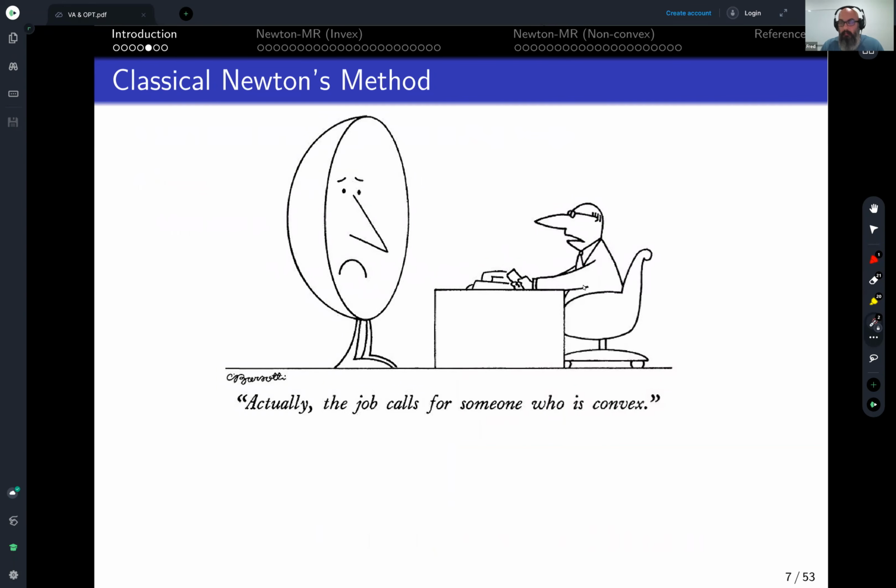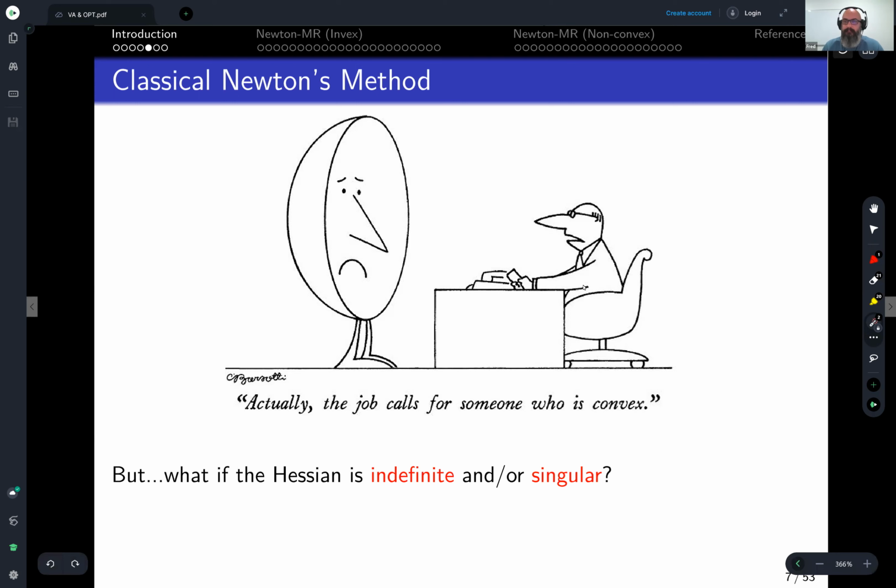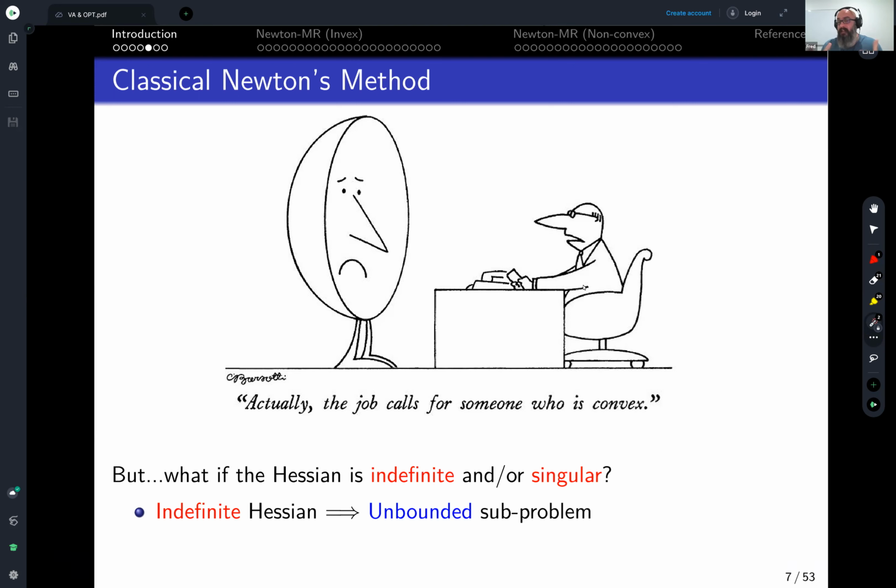Most important problems these days, in particular in machine learning, are actually far from being convex. So what happens when we're dealing with more general problems when the Hessian is no longer positive definite? In that case, I'm sure you all agree that if, for example, the Hessian is indefinite, then the subproblems of CG could actually be unbounded.